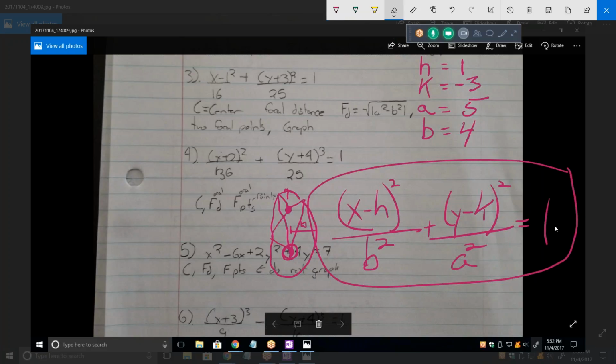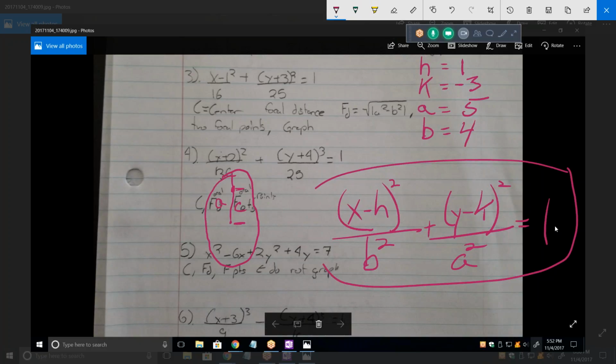Okay, now let's talk about where those foci are. Let me redraw this. If I have a vertical ellipse, here's how I dimension it. That is A. That is C. All right.